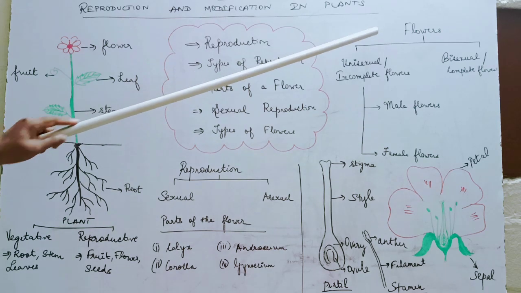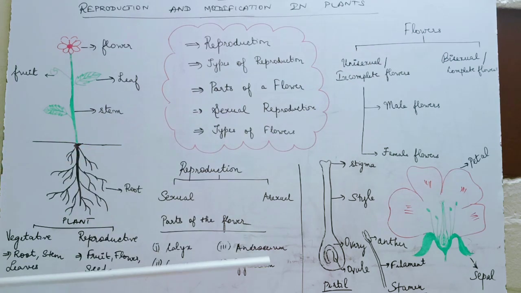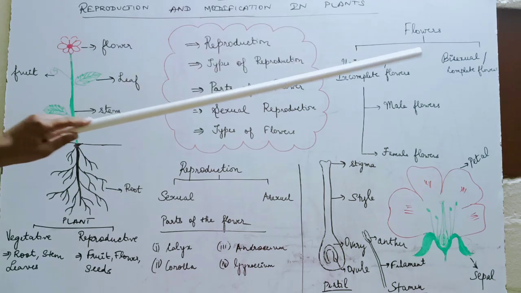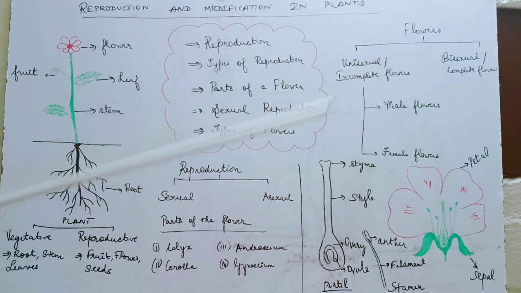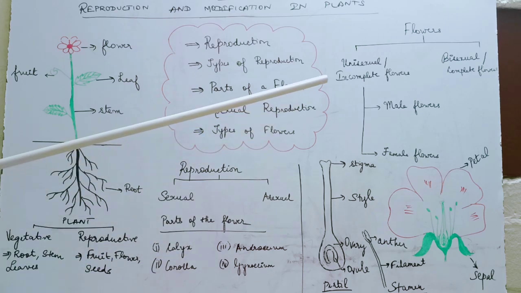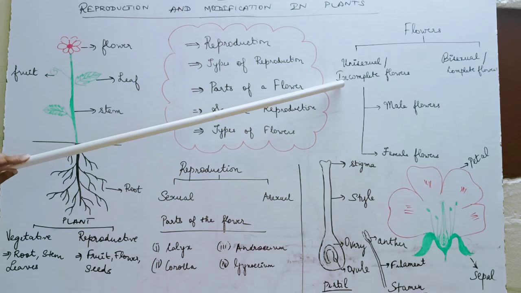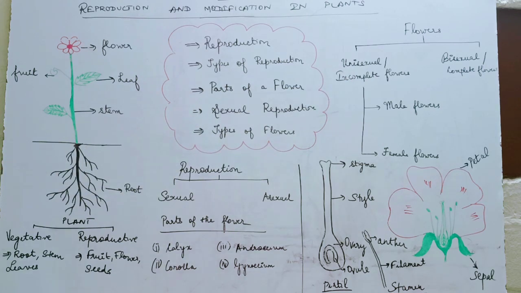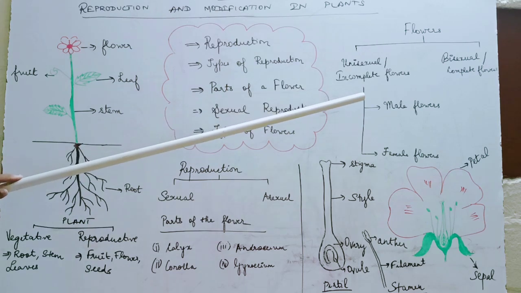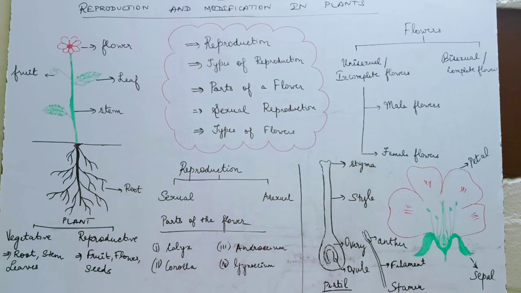Flowers are of two types, unisexual and bisexual. If any one of these parts is missing, then it is called a unisexual flower or incomplete flower. Incomplete flowers are of two types, that is a male flower and a female flower.